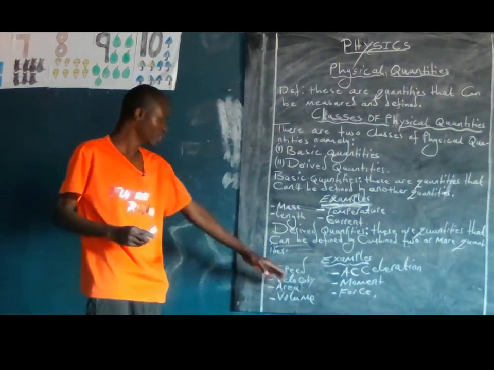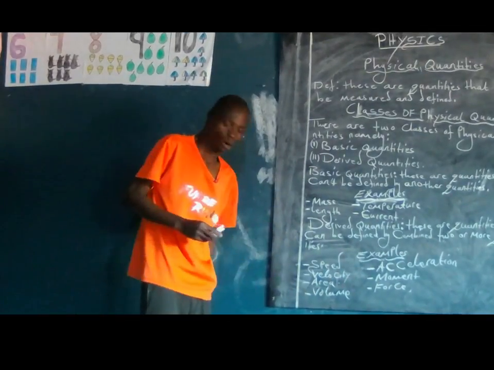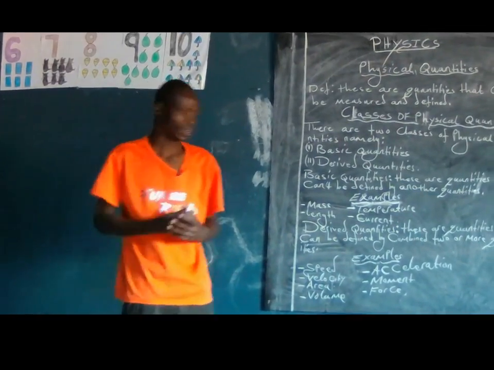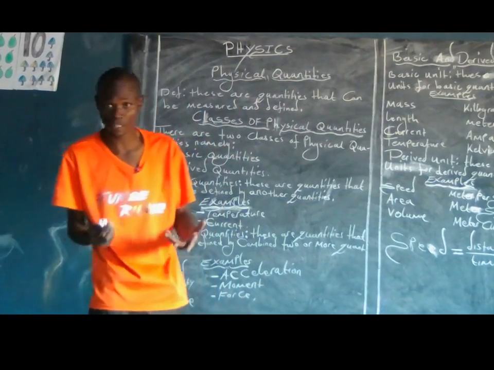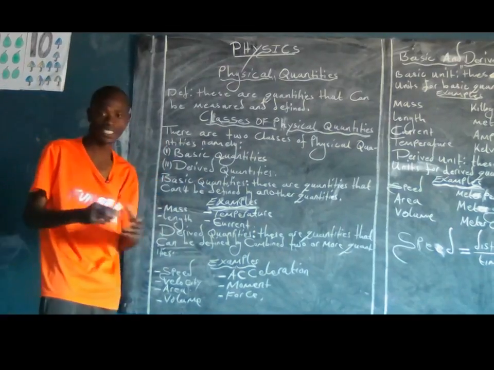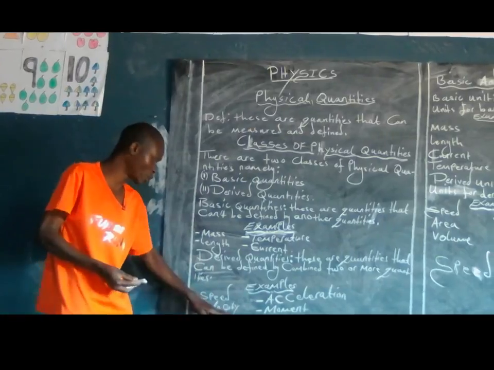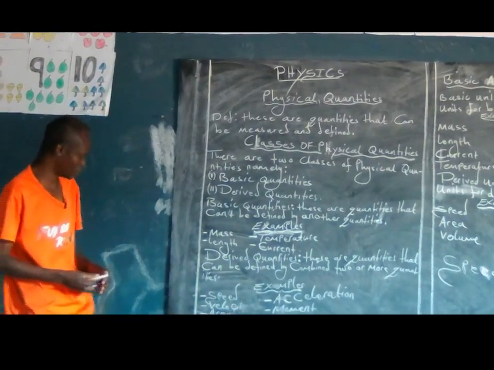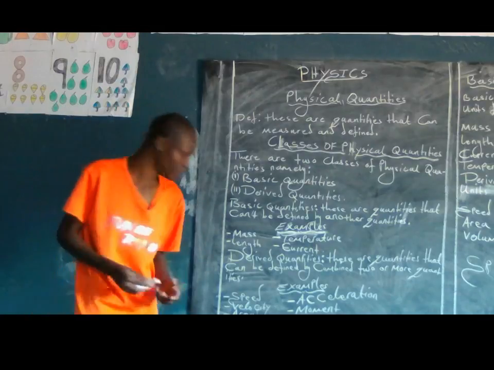The same thing is to do with velocity. You know that velocity is the rate of change of displacement with respect to time. So we are talking about displacement as well as time. When they divide, they give us what we call velocity. Then area is also a derived quantity. Why?